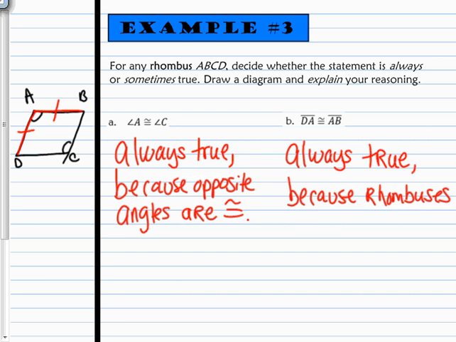Because rhombuses have all sides equal, or all sides congruent. So angle A is congruent to angle C because opposite angles are congruent since it's a parallelogram. Okay, since we know it's a parallelogram, the opposite angles are congruent. And then that's also always true because rhombuses have all sides congruent to each other.